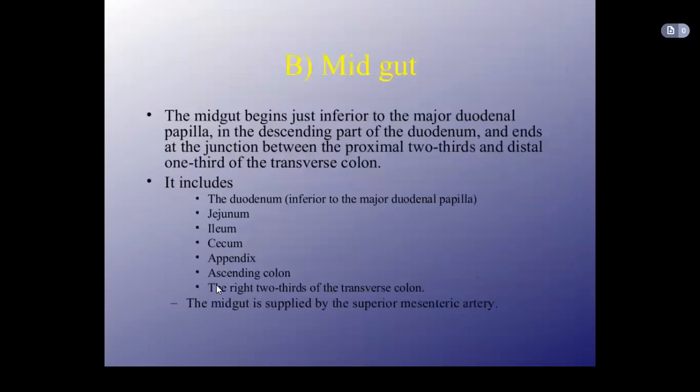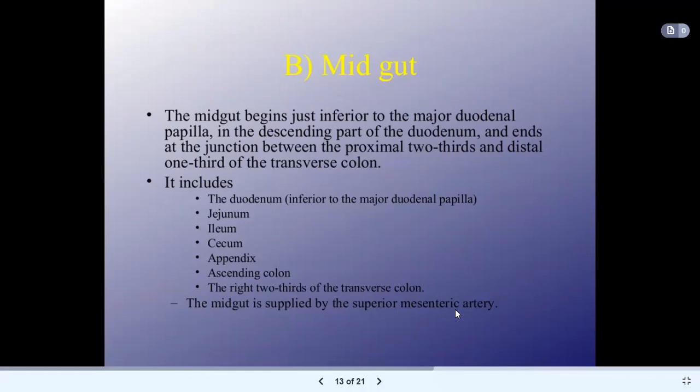And then the midgut, we said, contains the jejunum, the ileum, some part of the duodenum below the duodenal papilla, and then the cecum, the appendix, the ascending colon, and the transverse colon. They are supplied by the superior mesenteric artery, which gives different branches.